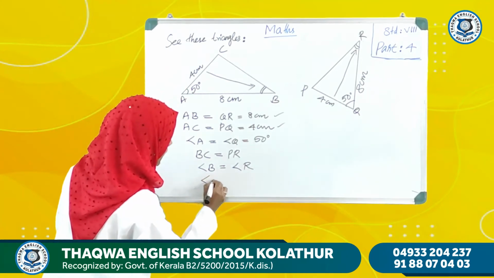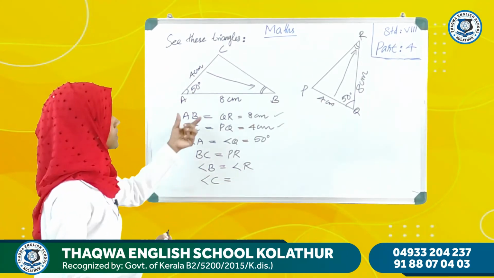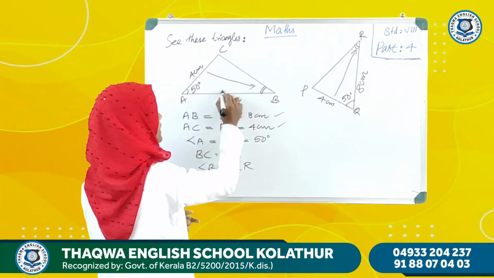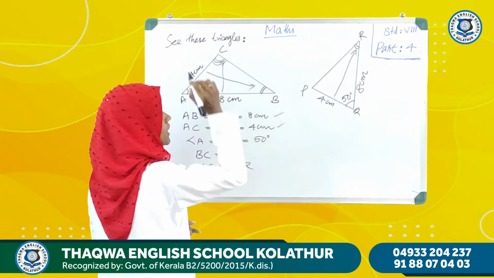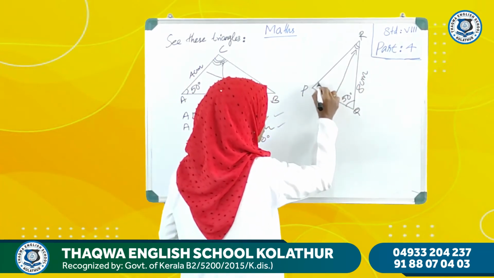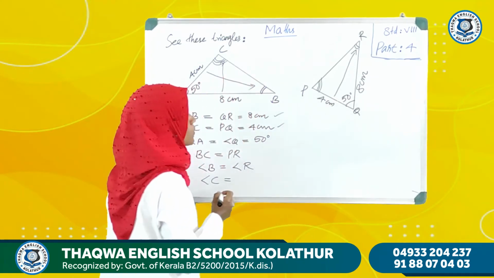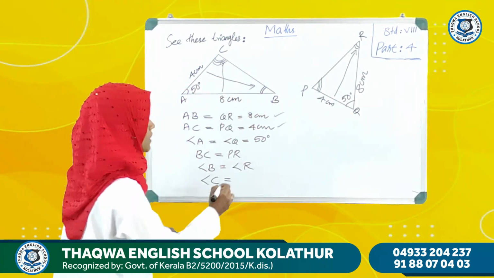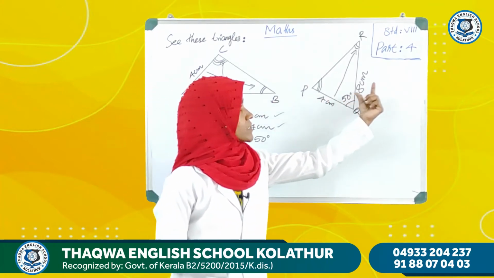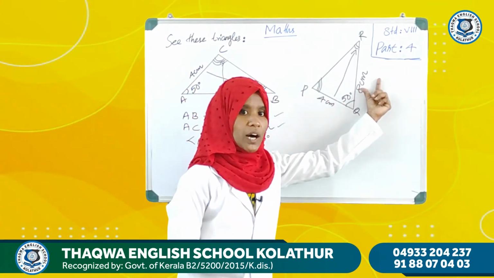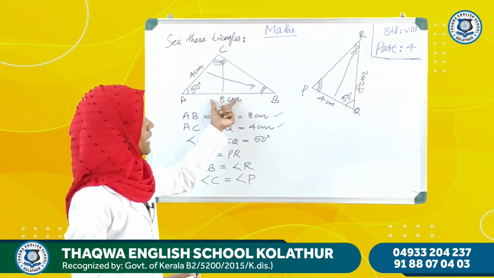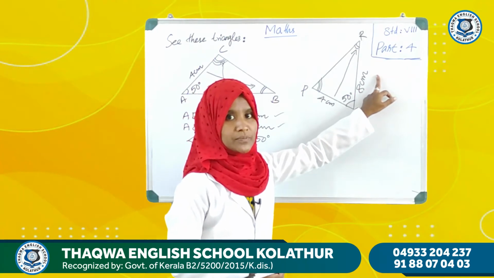The next, angle C is opposite to the side AB. Then AB equals QR, so angle P is equal to angle C. What is the reason? AB equals QR, and these are the opposite angles of the sides AB and QR.